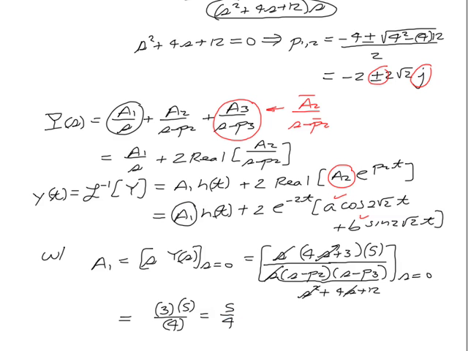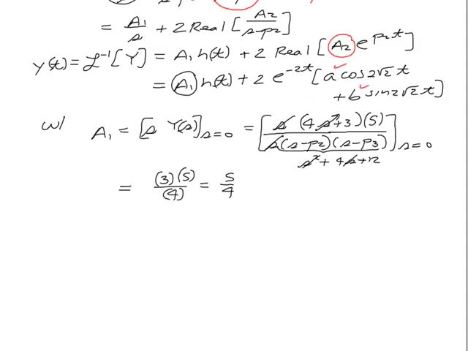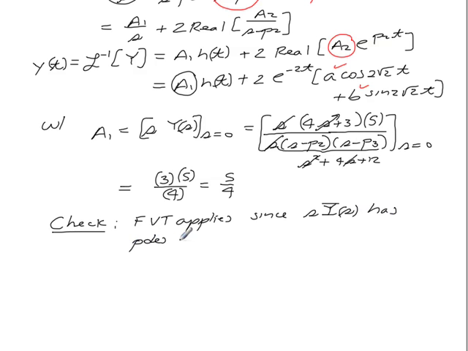I'm not really caring about a and b because I'm wanting to check and verify that the final value theorem is going to work. So the check here is based on the final value theorem. We know the final value theorem applies since s times y of s has poles only in the left half plane.